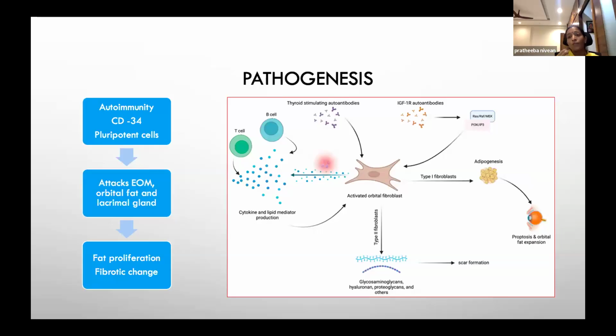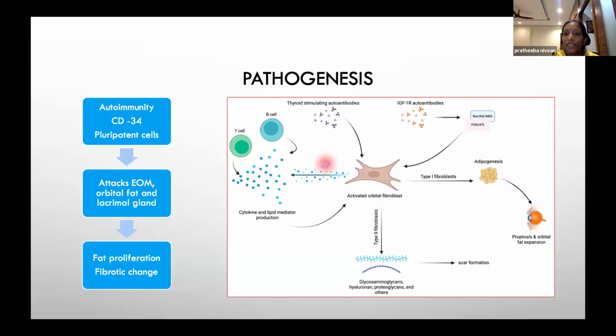Coming to the pathogenesis, which is very important, and it has been extensively studied with a lot of research in this particular aspect. So basically, thyroid eye disease is an autoimmune disorder. Autoimmune means there is antibody production to self-antigens. So what they say is the CD34, the pluripotent cell, is the main culprit.